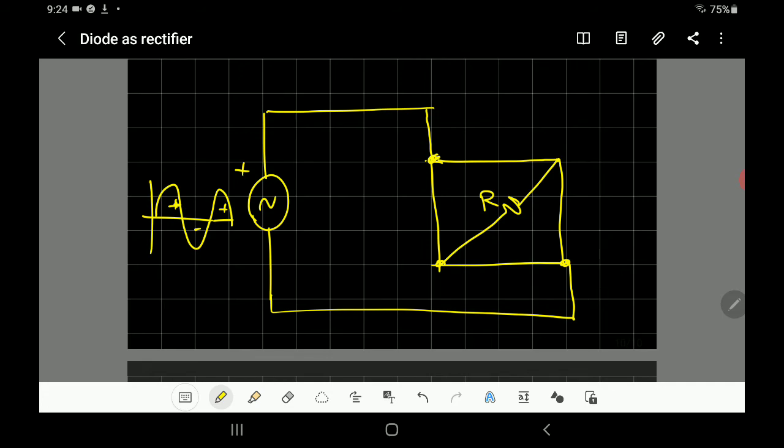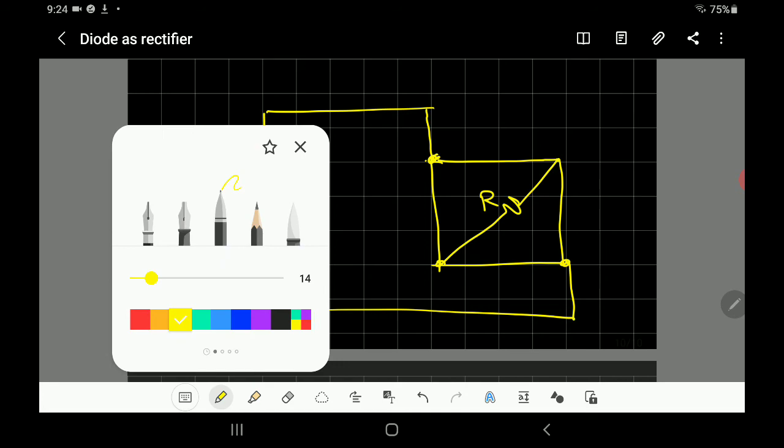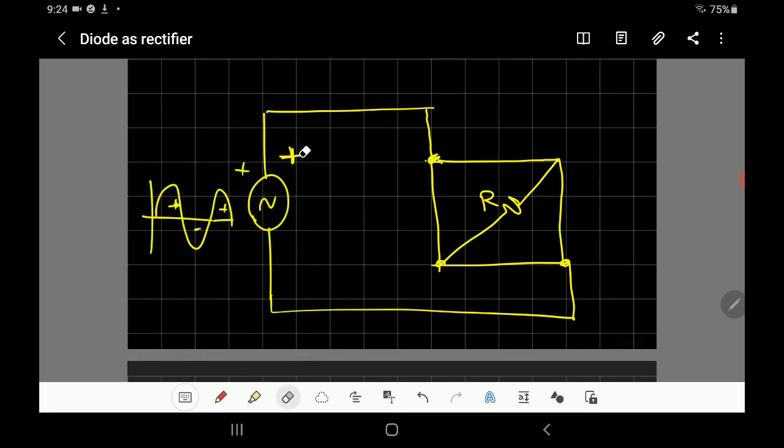Now let's see. When you have the positive cycle first, it means here is positive and that's negative. I will choose a different color, red for the positive cycle. The current will go from the positive and go here. You want to go to the load, so I will put a diode in this direction.